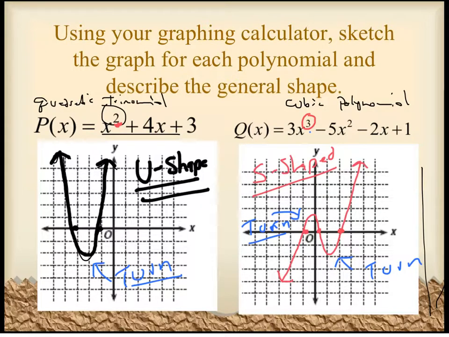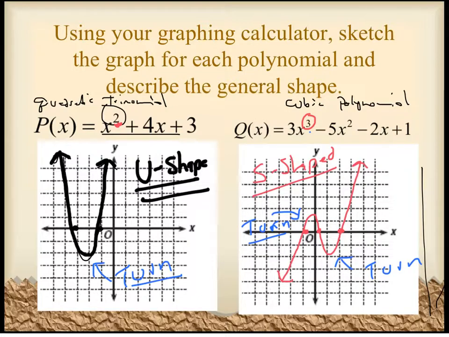These are general shapes. When it's squared, it's going to be U-shape. When it's cubed, it's going to be S-shape. Cubed at the max is going to cross 3 times, 1, 2, 3, and because it's cubic, it's going to have 2 turns. Now there are certain graphs where it's hard to see how many turns there are because they're really close together.